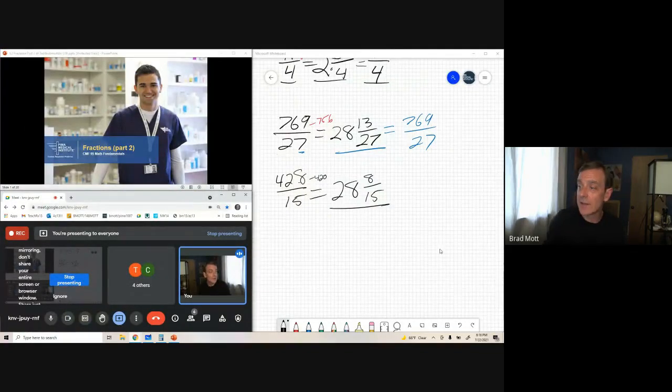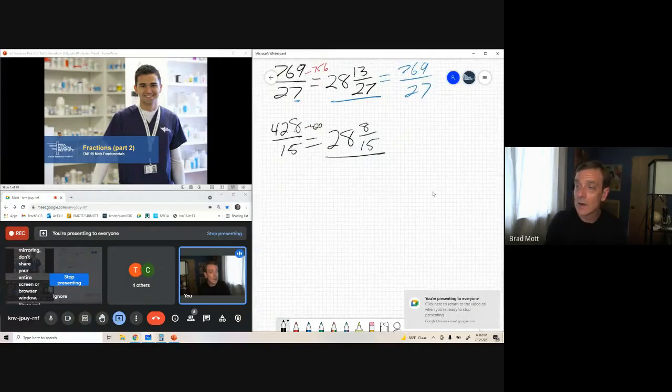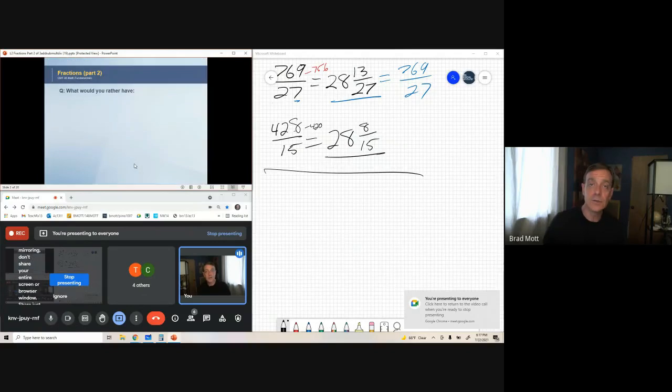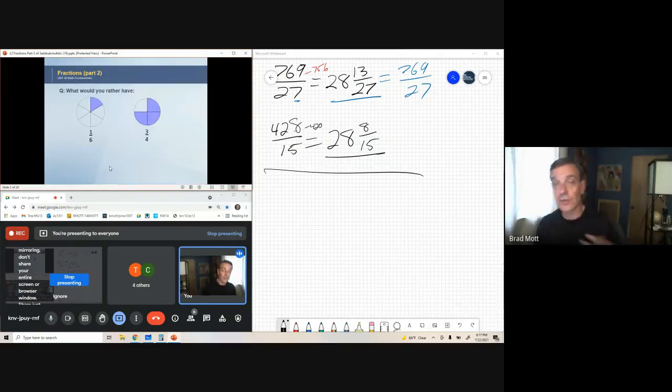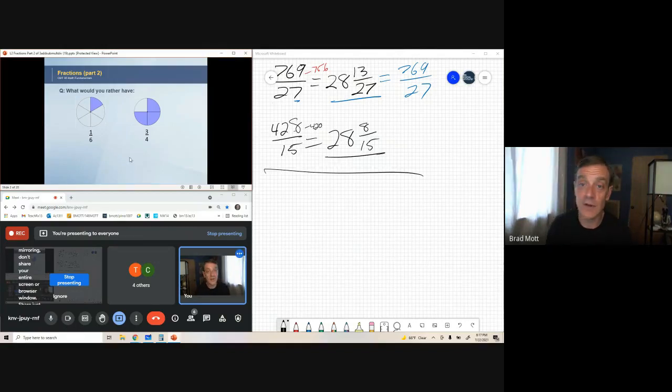So the next thing that we are going to be looking at is fractions part 2. Would you rather have 1/6 or 3/4? Assuming that the purple is something good, you would definitely want the 3/4.